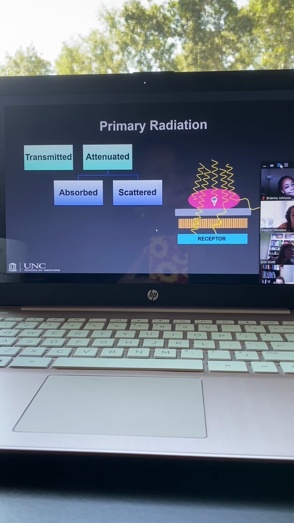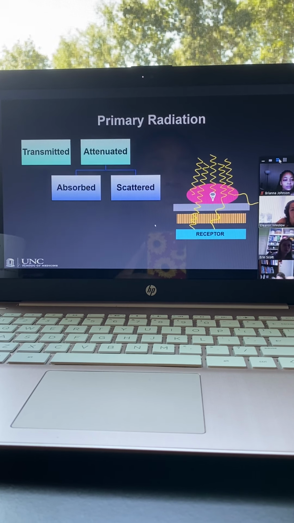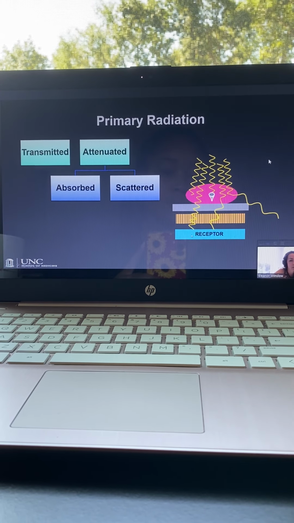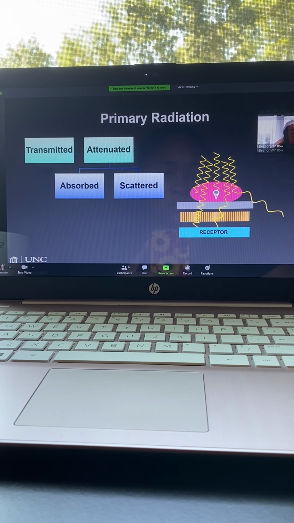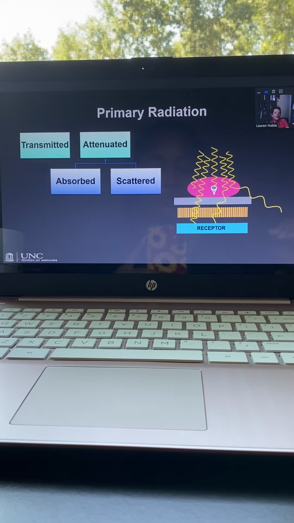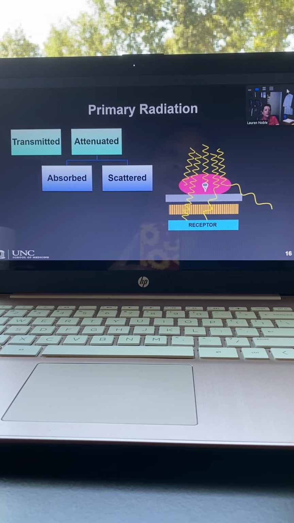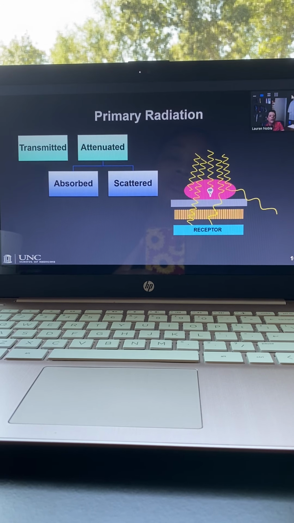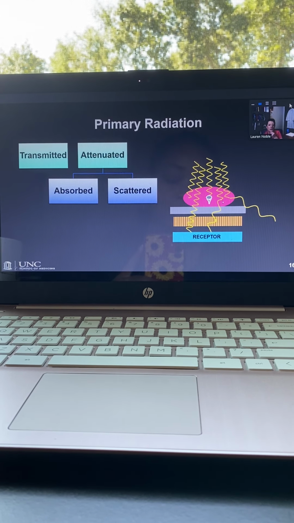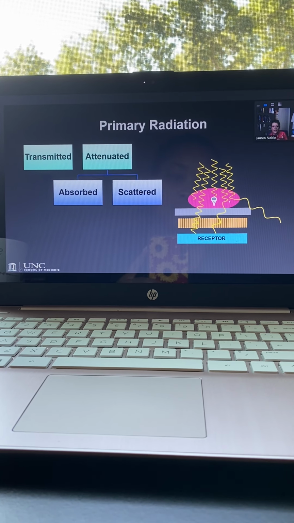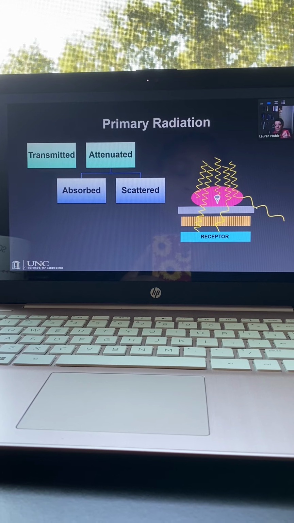Is scatter that makes it to the IR still considered to be attenuated because it lost some energy? Or is it only the number of photons? Yeah, technically, and some sources sometimes will give you a little definition that's a little bit different. The definition that I learned and the one that I go with is if it's truly attenuated, it means it doesn't make it to the receptor.